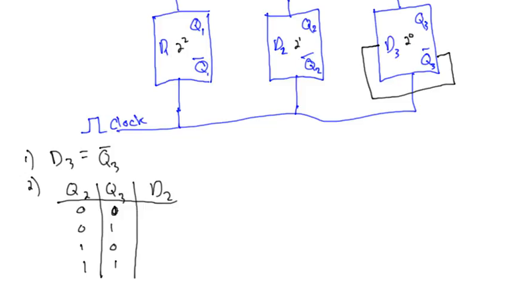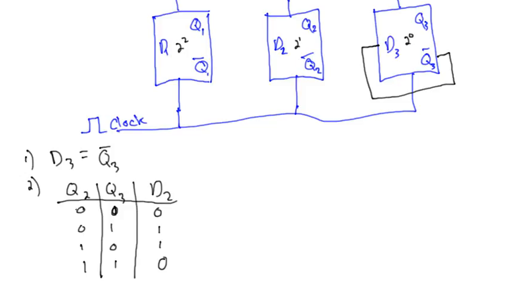So I look at this line, and on the next line, Q2 is a 0, so D2 has to be a 0. I look at this line, on the next line, Q2 is a 1, so D2 is a 1. Now I look at this line, on the next line, Q2 is a 1, so D2 has to be a 1. I look at this line, the next line is then the very first line, and on that one, Q2 is a 0, so D2 has to be a 0.